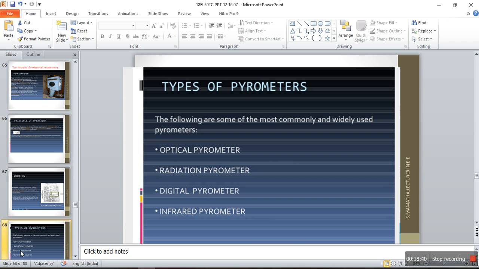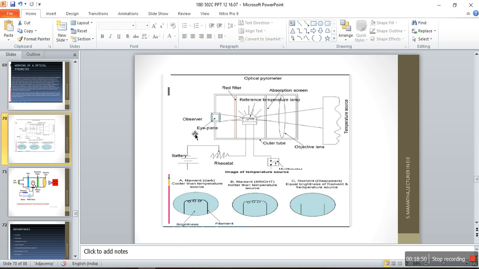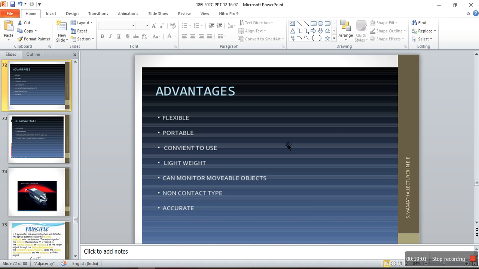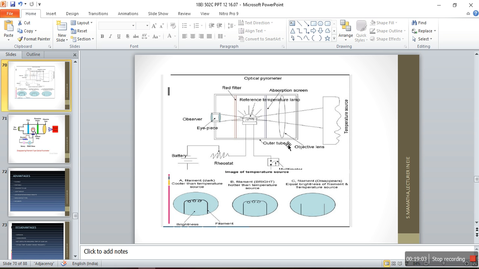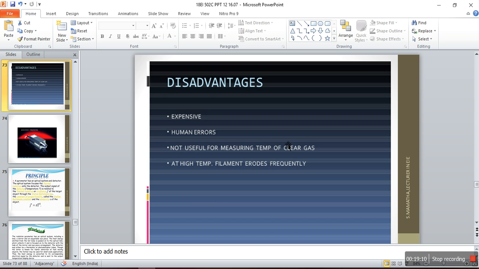Coming to the types of pyrometer: optical pyrometer, radiation pyrometer, digital pyrometer, infrared. We have seen the optical pyrometer, the disappearing filament type, its diagram, and its working. Next, we discussed advantages and disadvantages.